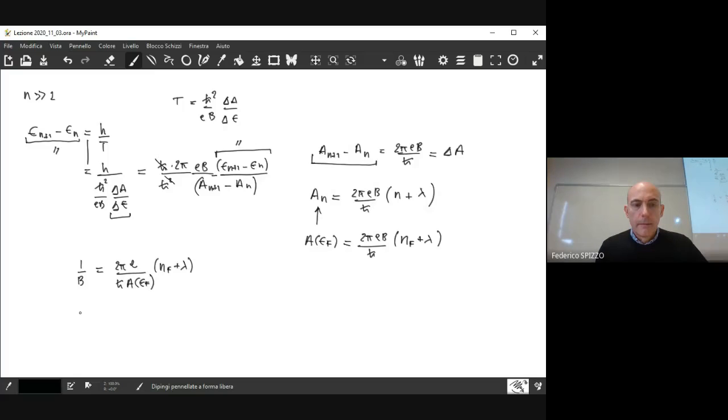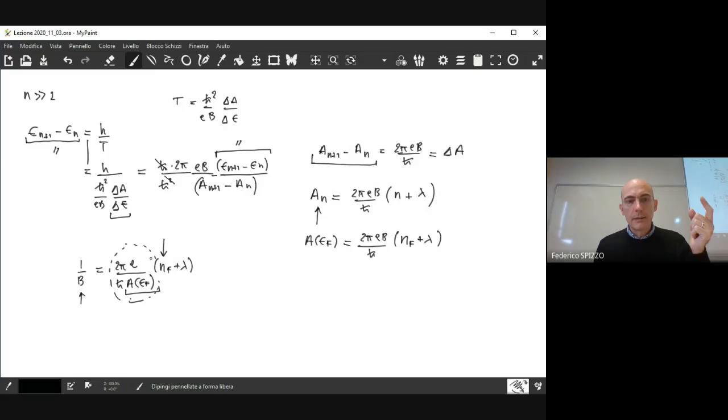That if you consider 1 over B, if you fix the Fermi surface, then this term is fixed. So once you have fixed your system, what you have here is just the coefficient. So the intersection depends on N and on B. So these are the two parameters that rule the possibility to have an intersection.